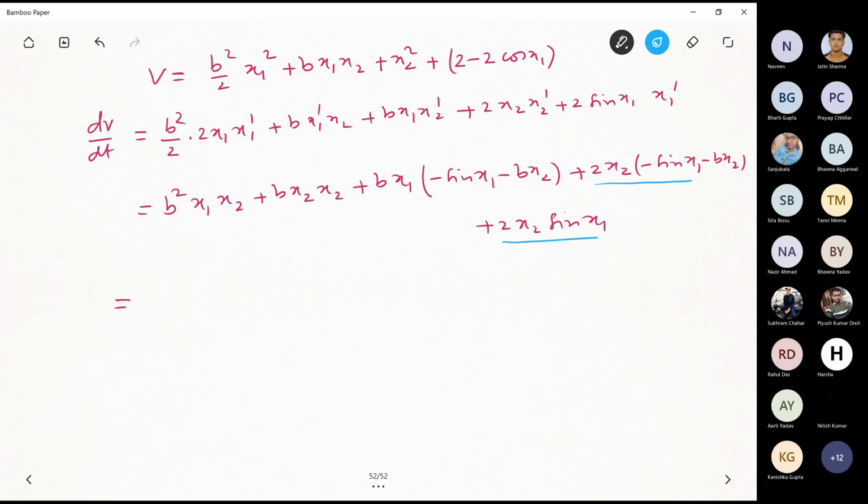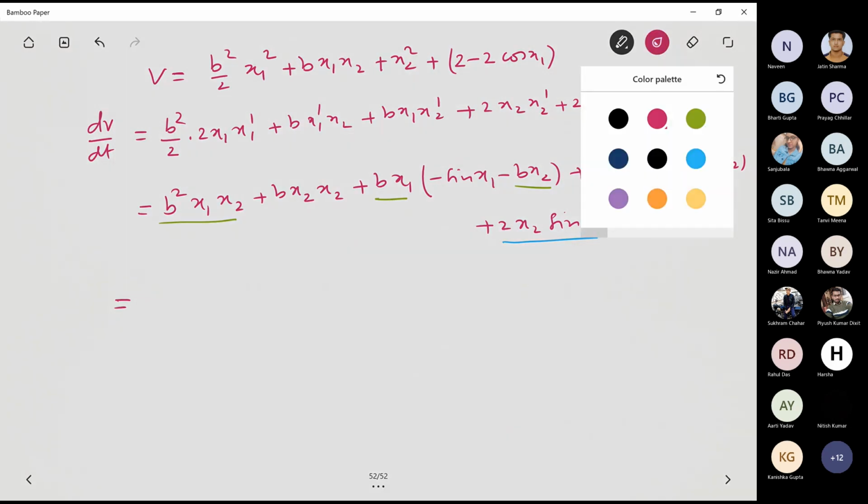And you have the b square x1 x2 and again you have the b square x1 x2. They get cancelled, they are coming with opposite signs.